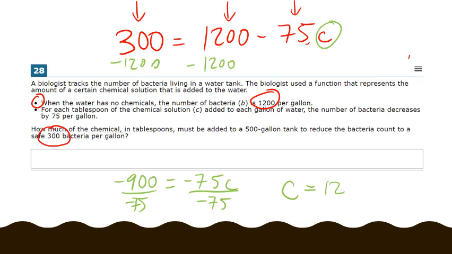Now be careful here, because this isn't necessarily the answer they're asking for. If I have a 500-gallon tank, I need to take that many tablespoons, because this is per gallon. Since I've got 500 gallons, I need to multiply this number by 500. So 12 times 500 gives me my final answer: in total, I need 6,000 tablespoons.